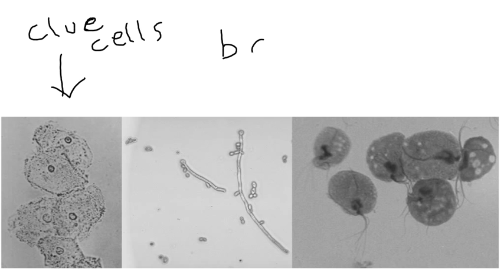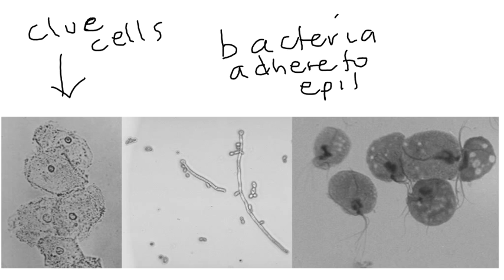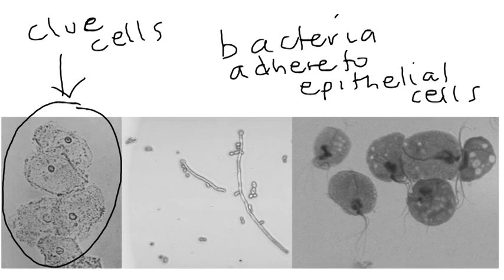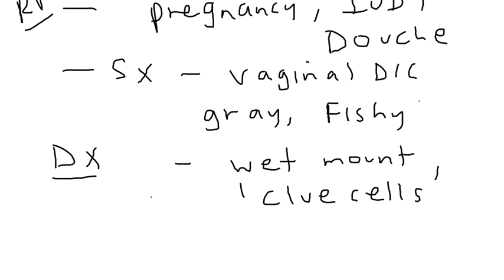They're bacteria that adhere to the epithelial cells, and that's what they look like right here. That's what you're going to see on the wet mount.